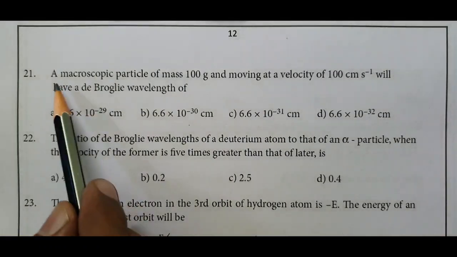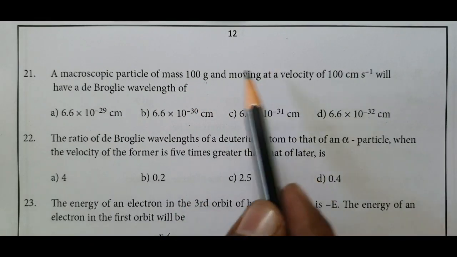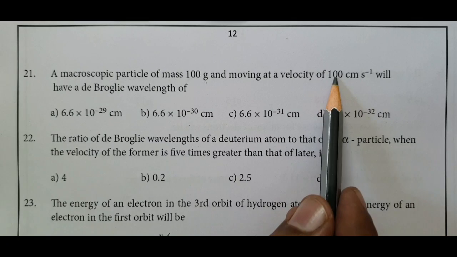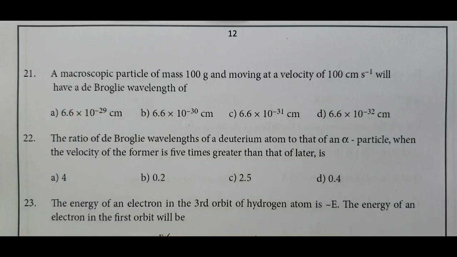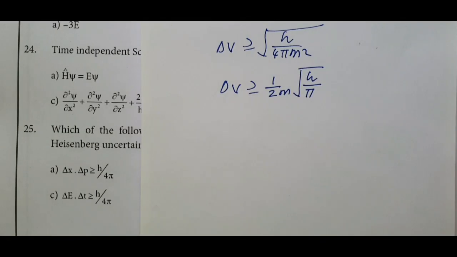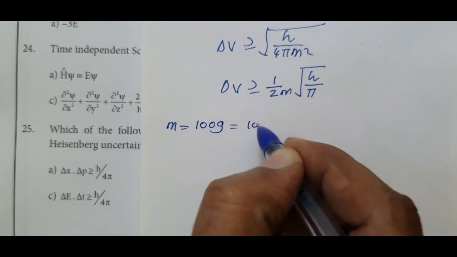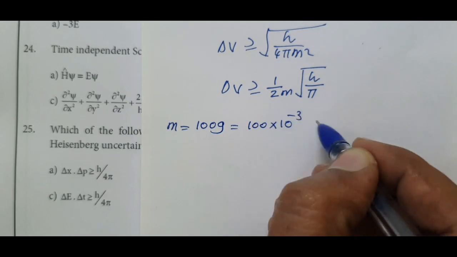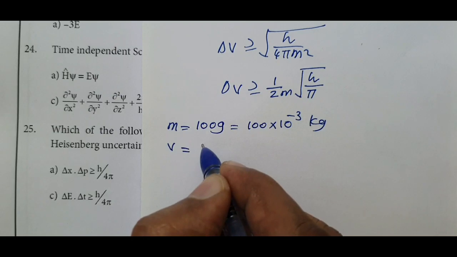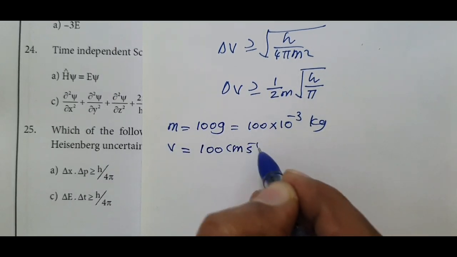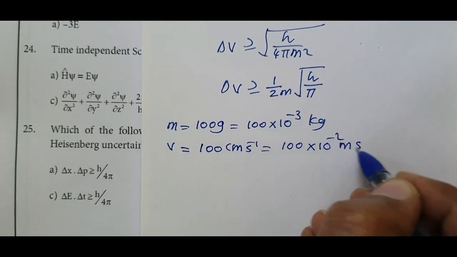Question number 21. A macroscopic particle of mass 100 gram, we have to convert the gram into kilogram, and moving at a velocity of 100 centimeter second power minus 1, convert into meter, will have a de Broglie wavelength of. So mass value given is 100 gram equal to 100 into 10 power minus 3 kilogram, and velocity is given as 100 centimeter second power minus 1, we have to convert centimeter into meter, 100 into 10 power minus 2 meter second power minus 1.